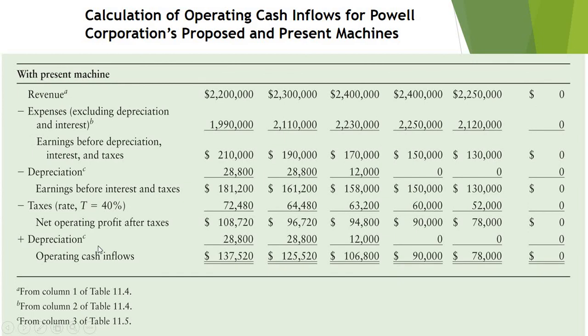Then we again need to add the depreciation, as depreciation is a non-cash expense. So we are adding depreciation for the past 3 years. There is no depreciation for the final years. And finally, we get operating cash inflows for the present machine or old machine over the next 5 years.